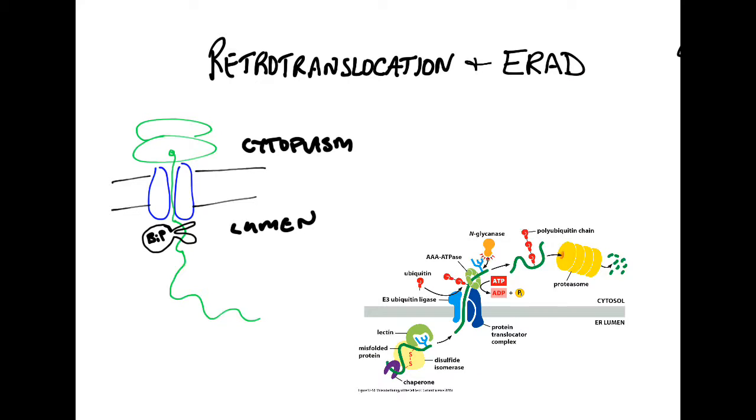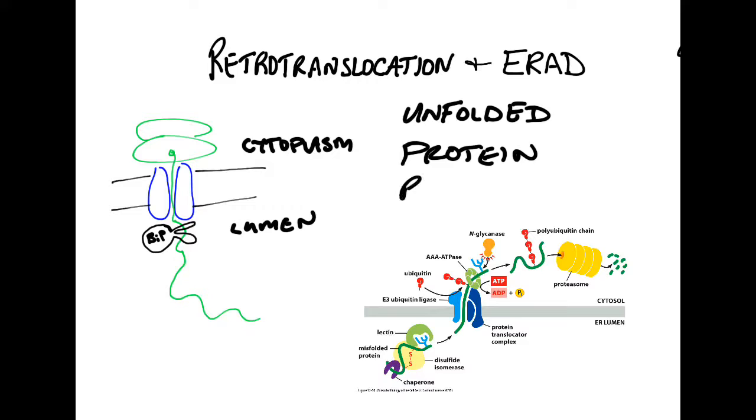There is an additional component to this phenomenon of ERAD that goes by the name unfolded protein response. And it's largely a gene regulation phenomenon, so we don't do those in this class.